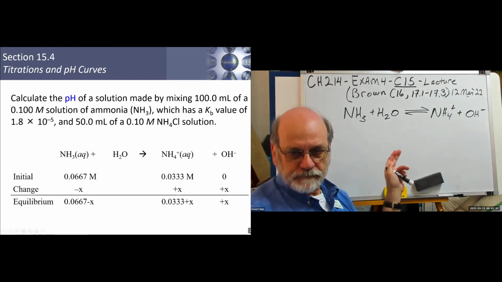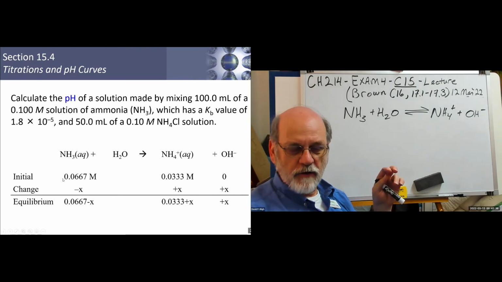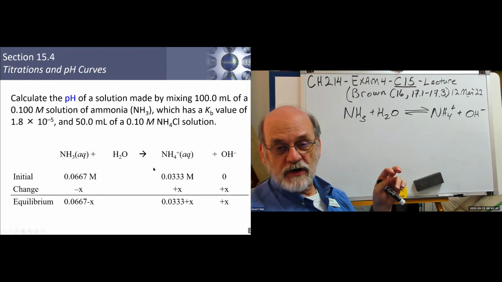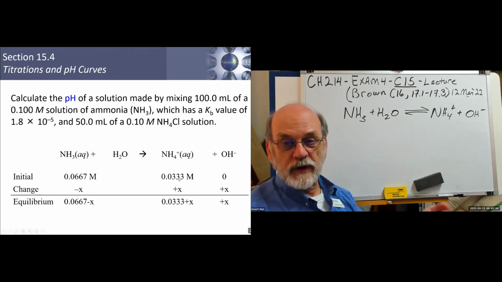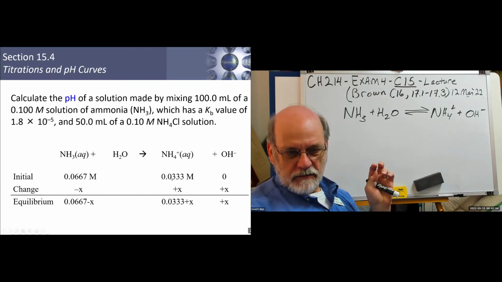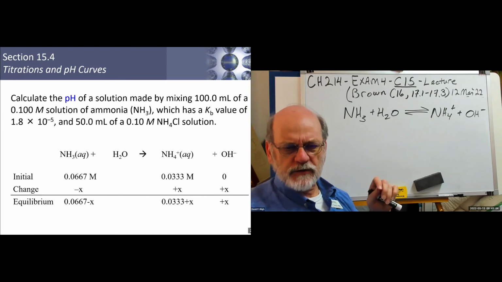Here's your reaction. And we're first going to look at it in terms of stoichiometry. Right? So we're starting off with this calculated concentration of ammonia, and then we're adding this much ammonium in the form of ammonium chloride. Oh no, I'm sorry, this is not a stoichiometry.